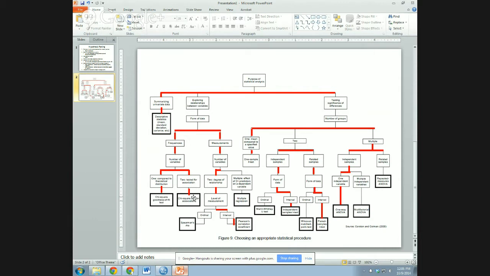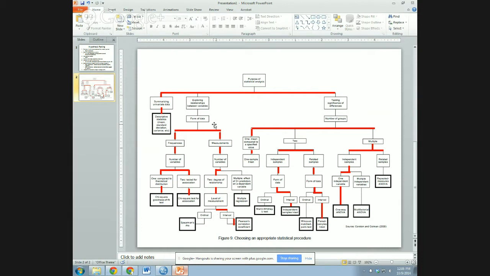The chi-square test of association or dependence is used for whether or not relationships exist between two or multiple categorical variables. The strength of the relationship is tested by either Pearson's correlation for continuous variables or Spearman's rho for categorical variables.